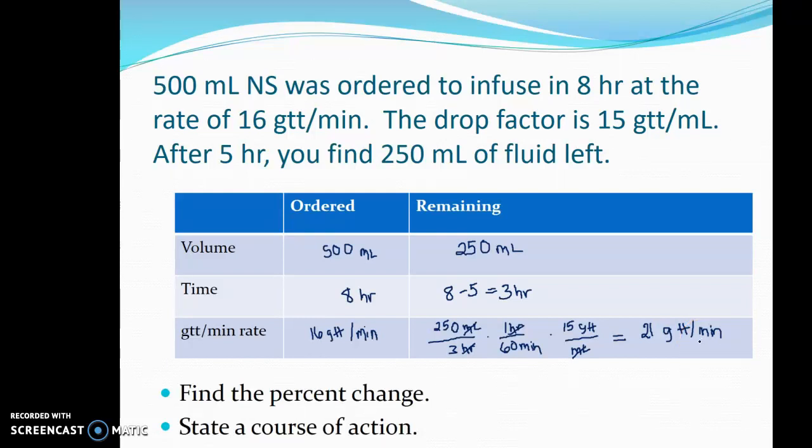But before I can do that, I need to check how big of a change this is. So to do that, I use my percent change formula, which is new minus old divided by old times 100. So my new value was 21. My old value was 16. Divide by 16 times 100. On my calculator, I have 5 over 16 times 100, and that gives me 31.25%.